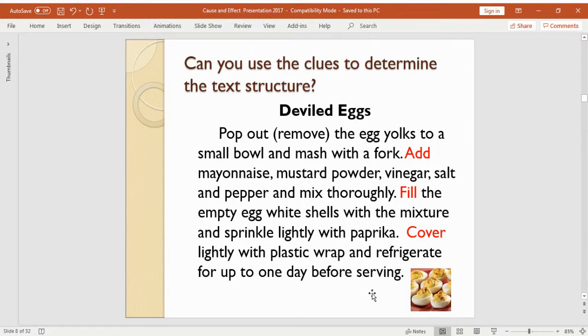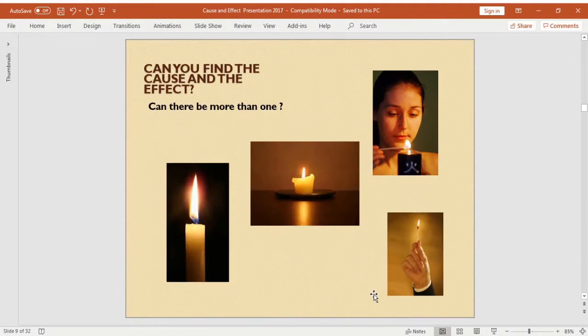So looking at this passage that we might find in a cookbook, is this passage describing cause and effect, problem solution, or sequencing? If you chose sequencing, you made the best choice.